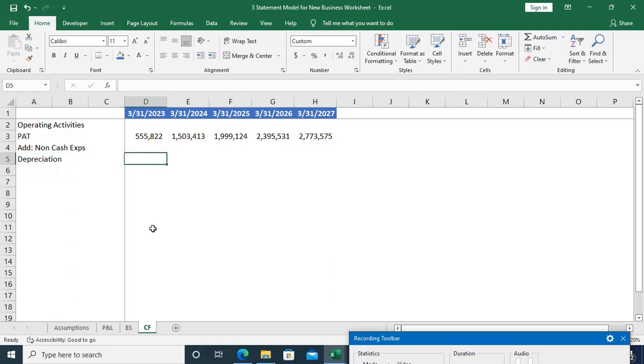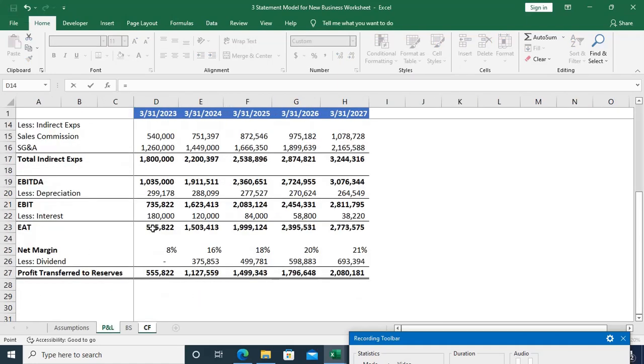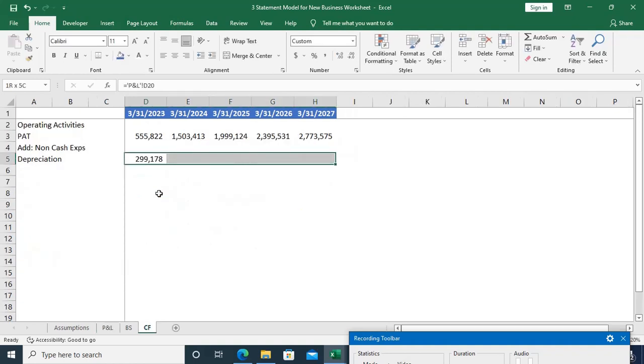So what was the depreciation amount? Equal to, you can just take it from here itself if you want, it's alright. Depreciation amount.